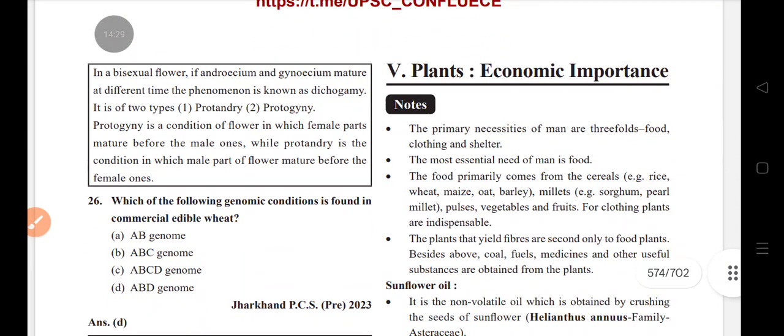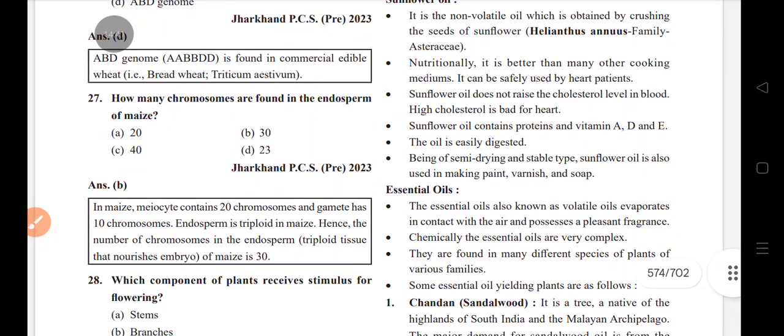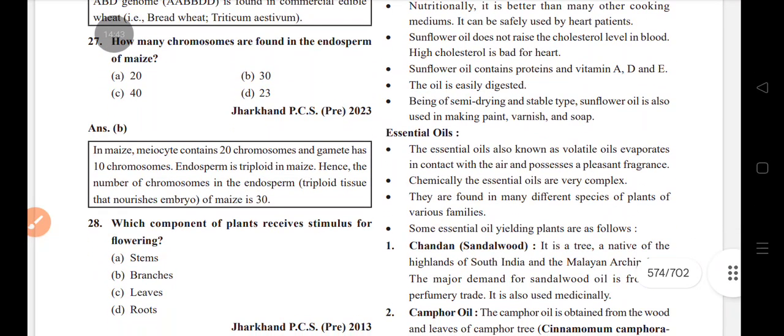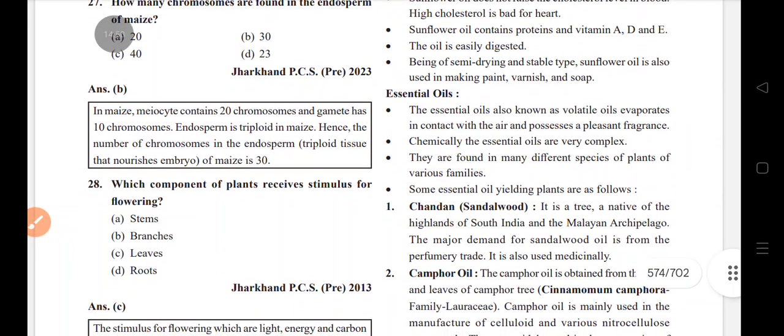Which genomic condition is found in commercial edible wheat? ABD genome. How many chromosomes are present in endosperm of maize? 30. Which component of plant receives stimulus for flowering? Leaves.